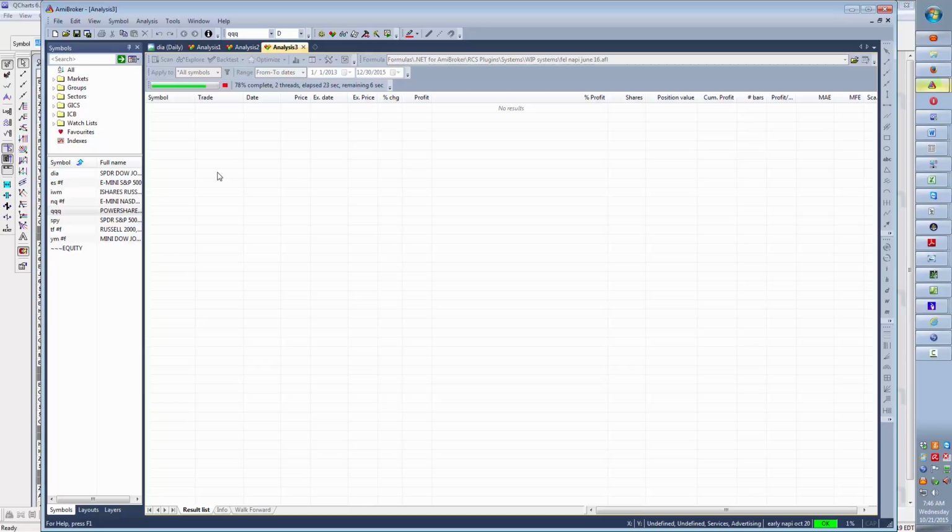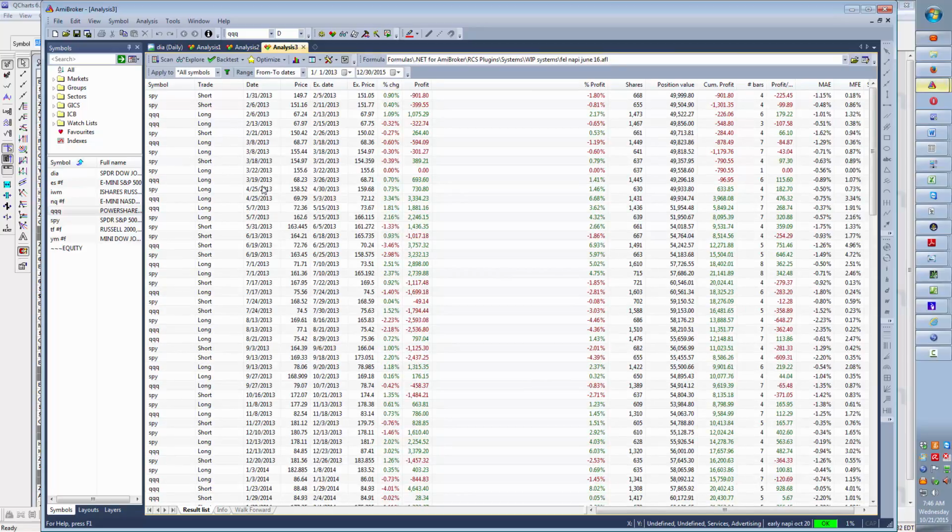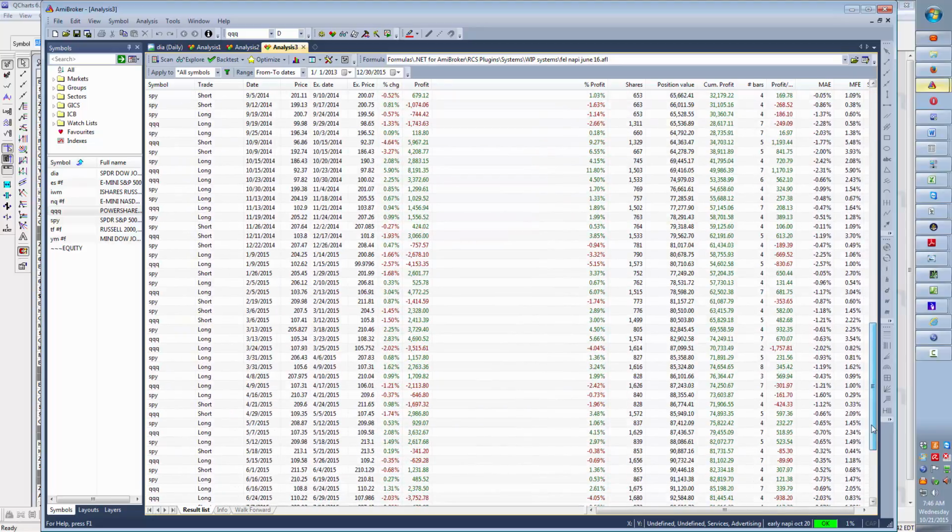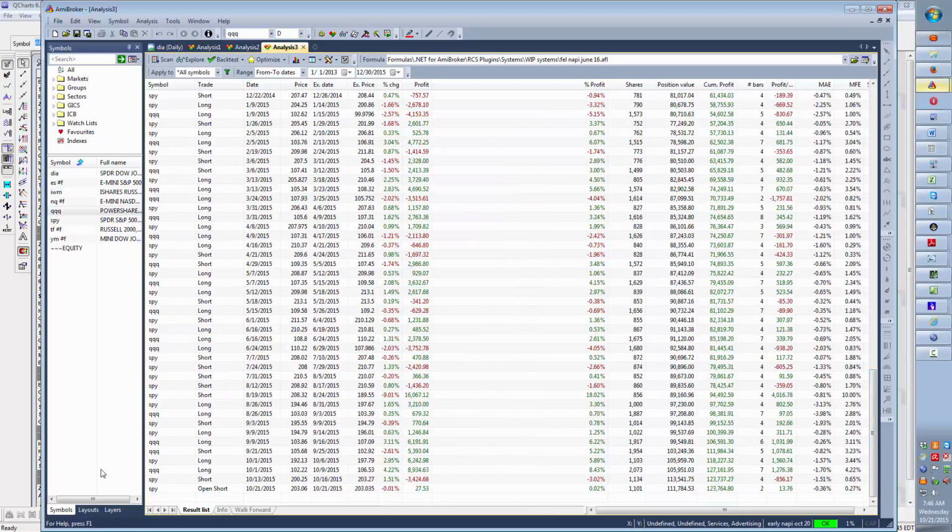And one of the nice things about running a test like this is that there's a whole bunch of other what are called objective factors that are generated by this particular software. Okay, so here we go. We started in January of 2013, and it took a while, and things were in the positive. And let's see how it's done lately.